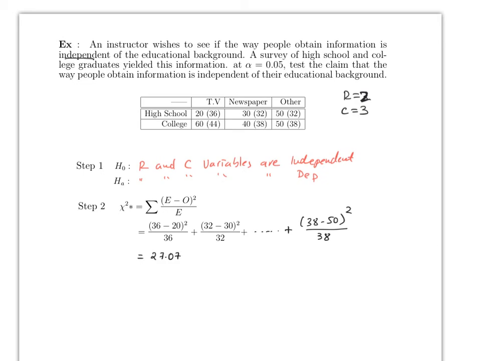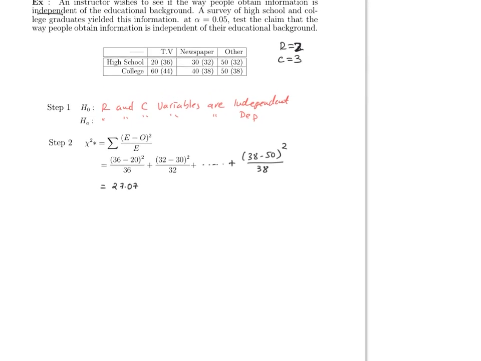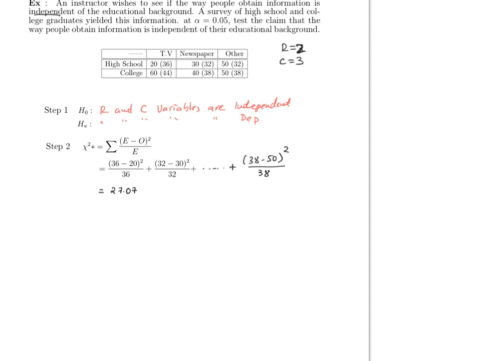Like I mentioned before, if you don't want to do this by hand and you have a TI-83, these are the commands. You go to first stat and then go to edit. So you need to enter all the information. So you have L1 and L2. Make sure you clear this so you can put the data. And here you will have the observed values, which will be 20, 30, 50, 60, 40, and then 50.